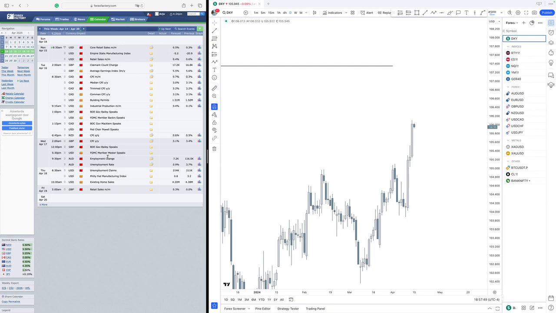Prop firms, if they have their own in-house broker, can very plainly determine how much slippage someone gets on average. So very sneaky, very dirty as well, but it is what it is. That is why some people have probably experienced a lot of slippage when it comes to CPI on the crosses.